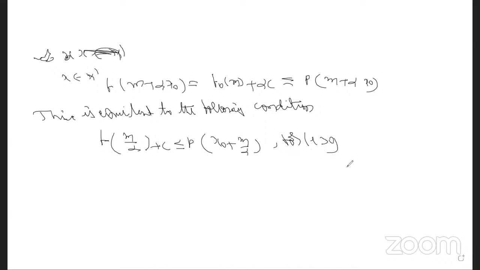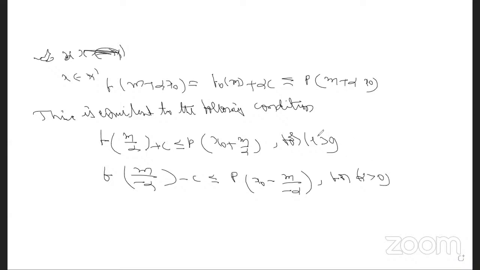Another condition, we are replacing alpha by minus alpha: f naught of m divided by minus alpha minus c less than or equal to p of x naught minus m divided by minus alpha, for alpha greater than 0. Right? Before, alpha was greater than 0. Next we replace alpha by minus alpha, a negative value, which is always less than 0. So clear the board.